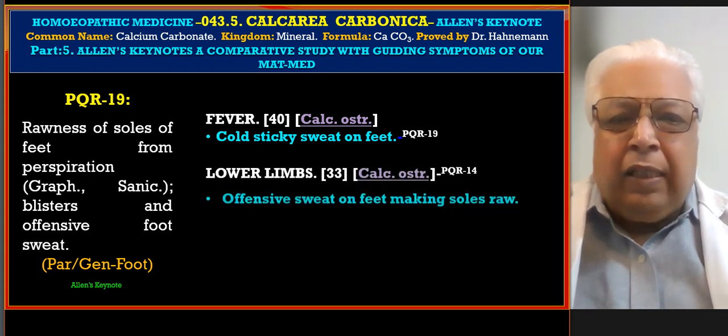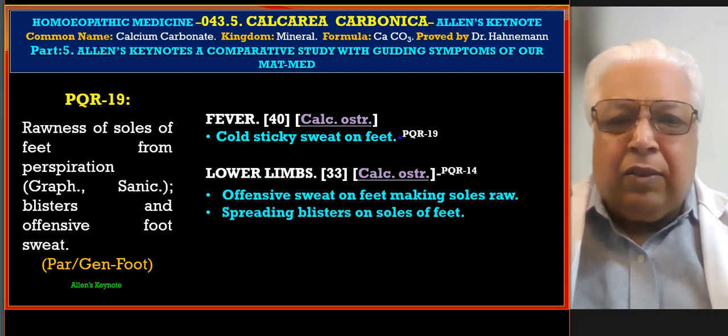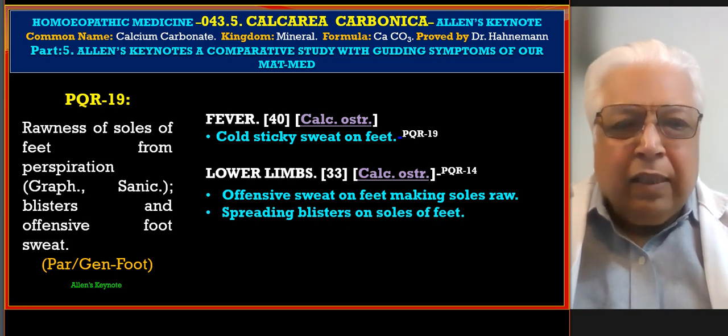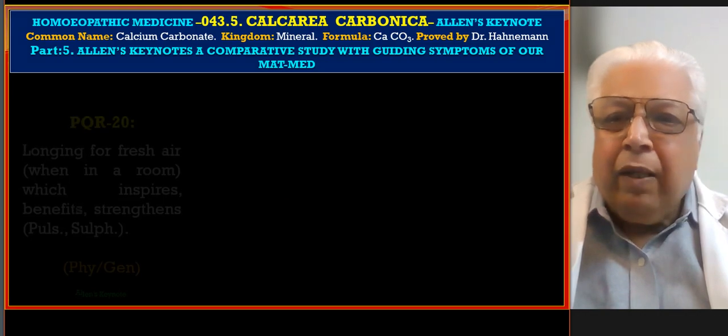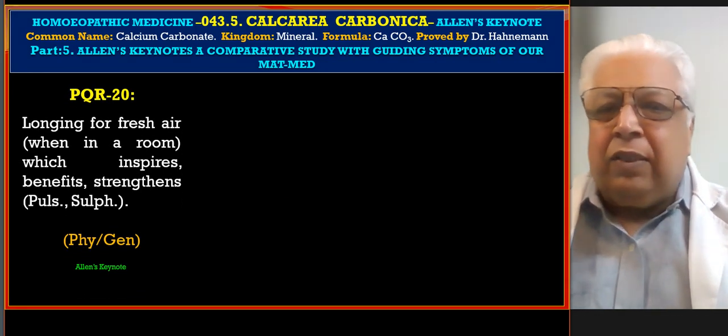Lower limbs, we find chapter 33, offensive sweat on the feet making sole raw. Second grade representation, spreading blisters on the sole of feet. Second grade representation again.